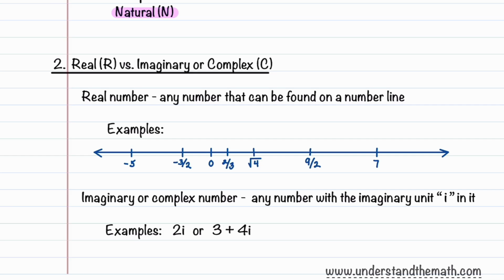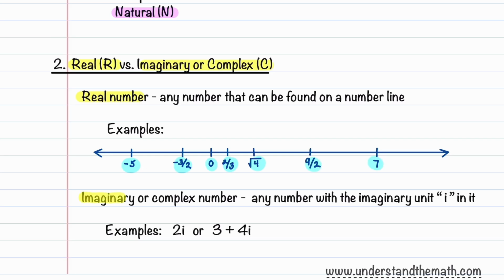Now that we understand the overall structure of how numbers are classified, let's begin with one of the most fundamental distinctions: real numbers versus imaginary or complex numbers. A real number is any number that can be found on a number line, such as -5, -3/2, 0, 2/3, the square root of 4, 9/2, and 7.